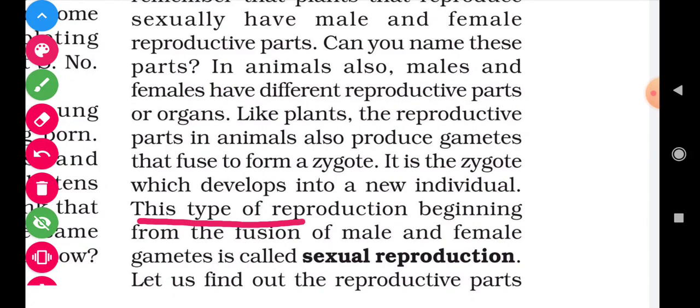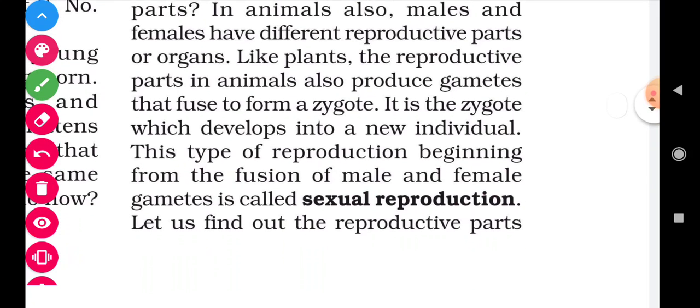This type of reproduction beginning from the fusion of male and female gametes is called sexual reproduction. Means when the male gamete and the female gamete fuse into each other, that method of reproduction is considered the sexual mode of reproduction.